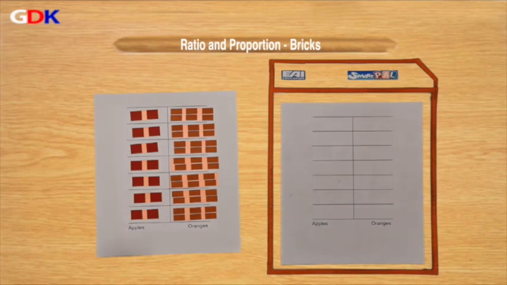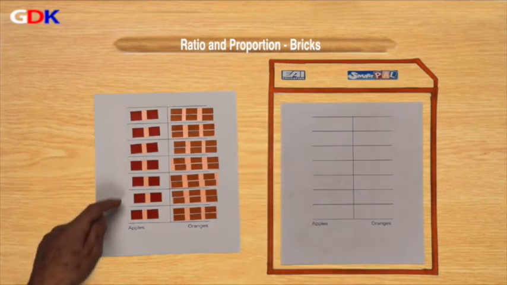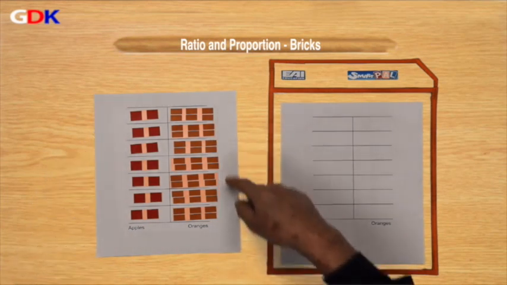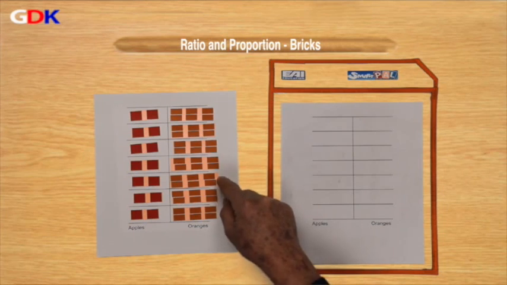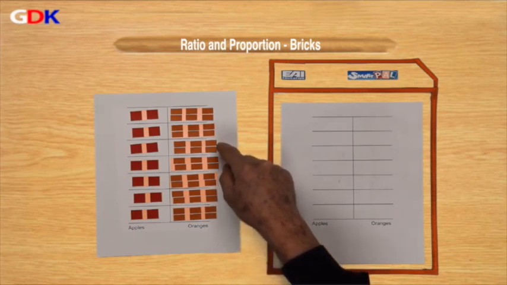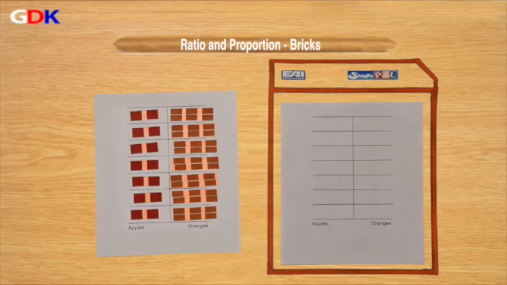So now we have our 14 apples, which we had before, and now we've matched up each of these sets of apples with 6 oranges. And the question is, how many oranges do we have? Well, we have 6, 12, 18, 24, 30, 36, 42 oranges.